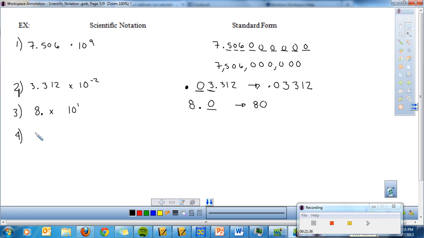What if I gave you 5.32 times 10 to the 0 power? So I'm going to take this, I'm going to write it out. 5.32. Now, it's to the 0 power. That means that we didn't move any to the left, and we didn't move any to the right.